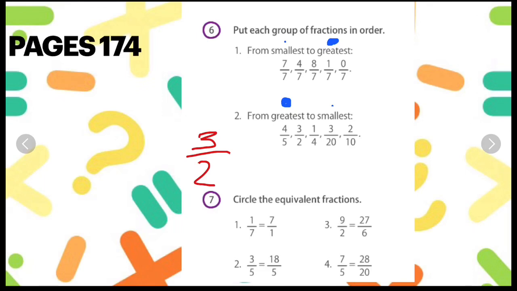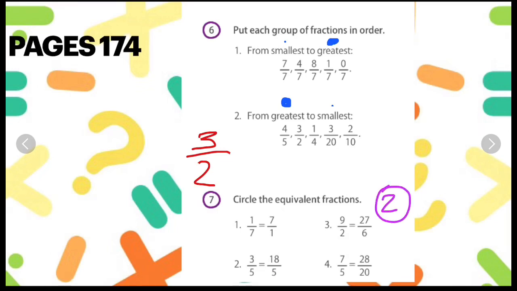You have to see what is the equivalent, to find the greater or the smaller number. Now exercise number 7 says circle the equivalent fractions. Here we have to circle just the fractions that are equivalent. Only 2 are equivalent, and that's a hint.